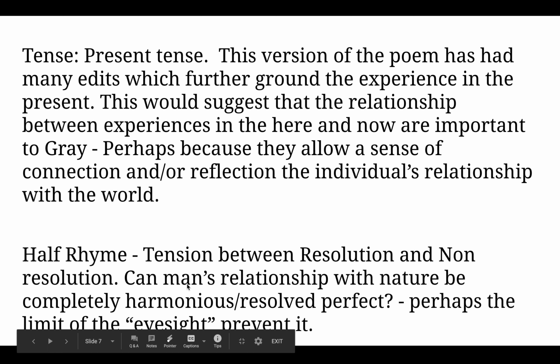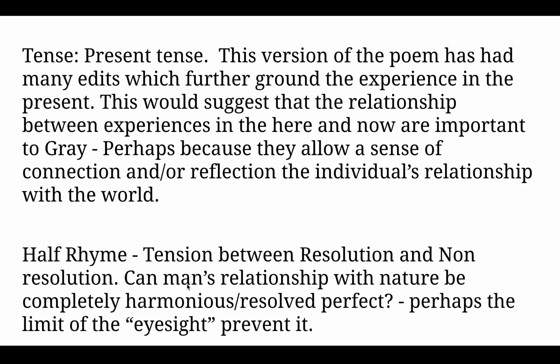And I think it's asking, can man's relationship with nature be completely harmonious, resolved, or perfect? And maybe it's even suggesting that the limits of our eyesight, that are only able to barely contain nature, is why it is only ever a loose half rhyme rather than full rhyme. Remembering that rhyme has a sense of unison, completion, and wholeness.